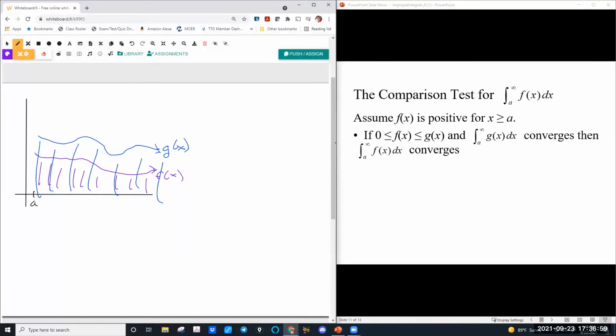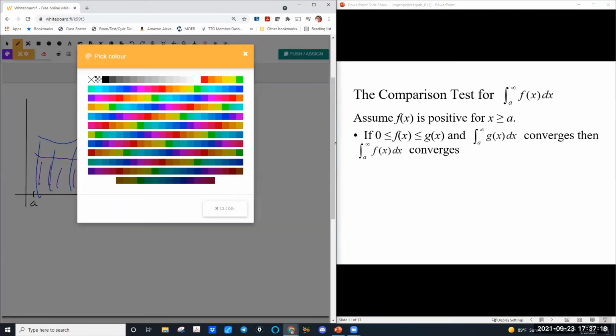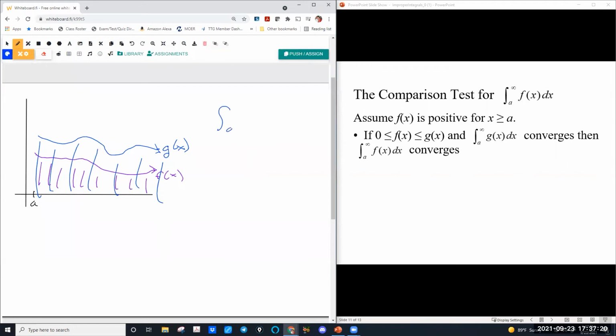That's what the comparison test is saying, because f's area is less than a known amount of area.